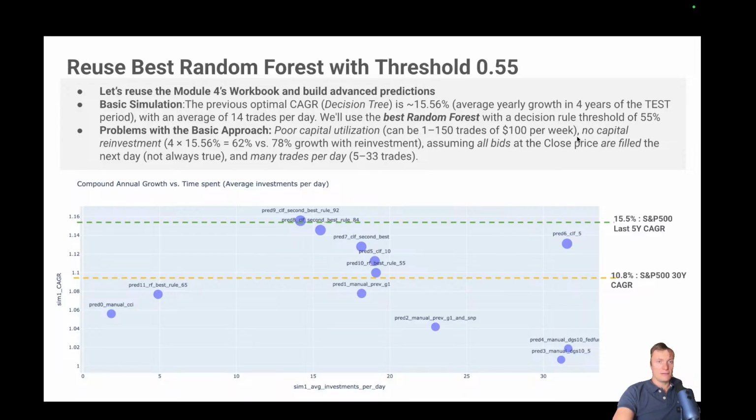So if you have 15.5% growth in 4 years without reinvestment, that is every year you add 15.5% to your capital, and in 4 years it will be 62% of additional growth to your capital.